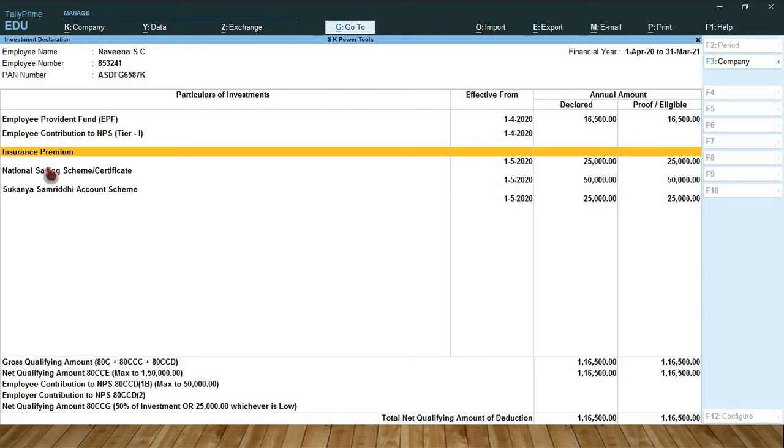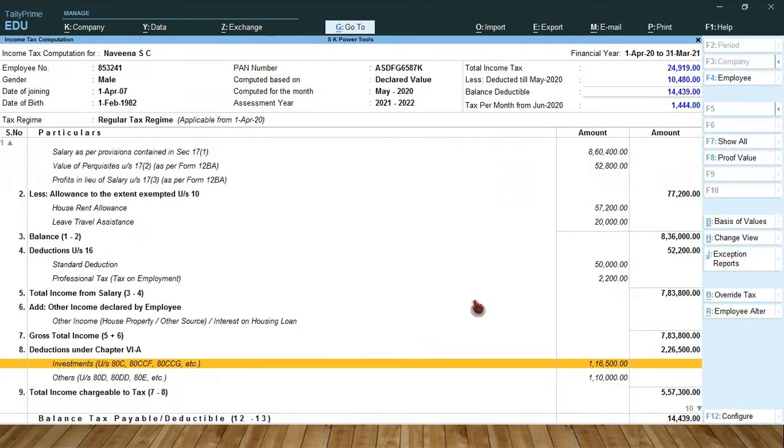PF 16,500, insurance premium 25,000, National Savings Certificate 50,000, and Sukanya Samriddhi account scheme 25,000, total 1,16,500.